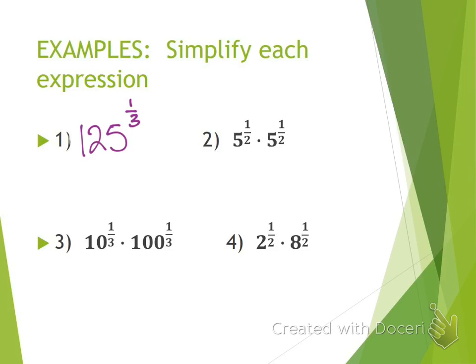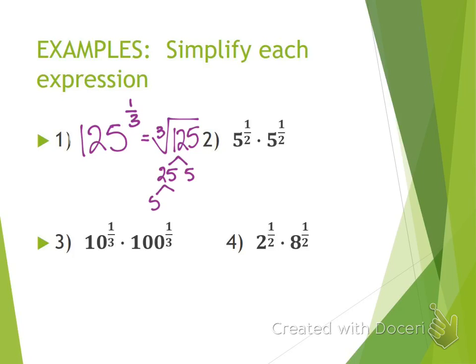If we apply what we just talked about on the previous slide, if we're raising this to the 1/3 power, that's like taking which root? The cube root. So if it makes more sense to you to think about it as a cube root, that's fine. If we're looking for a cube root, we're looking to make groups of 3. And if we break down 125, what does it become? 25 and 5 and 5 and 5 25.